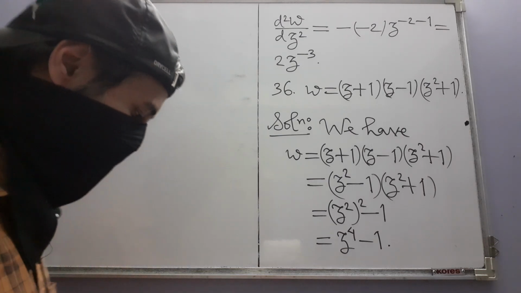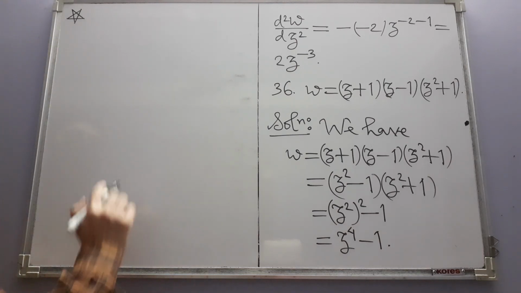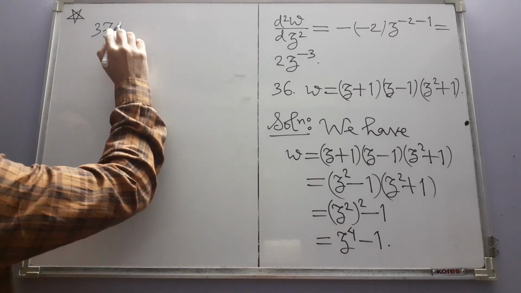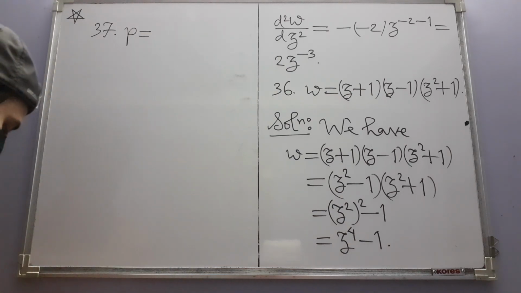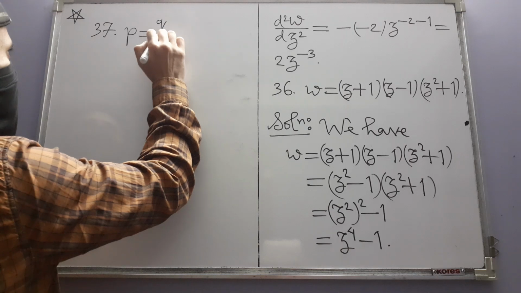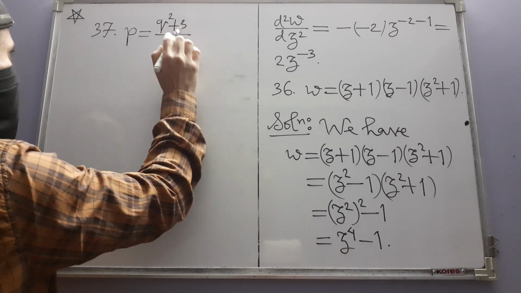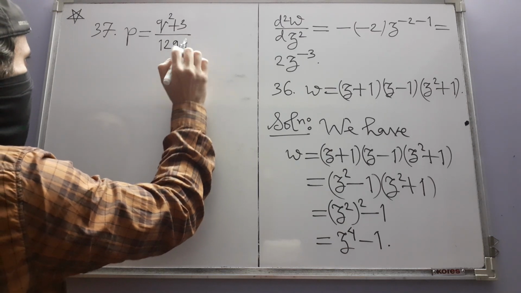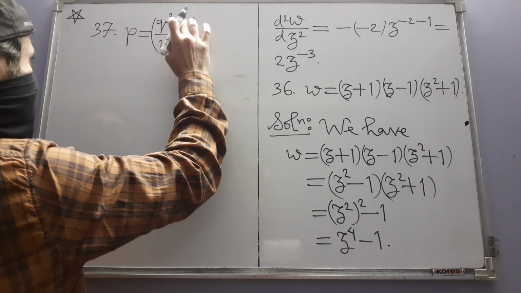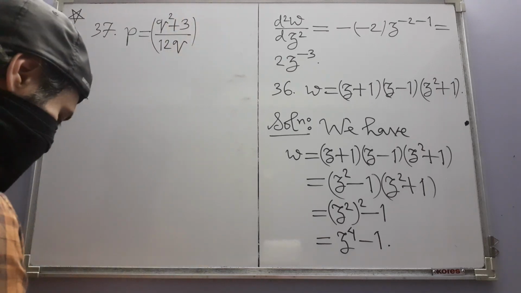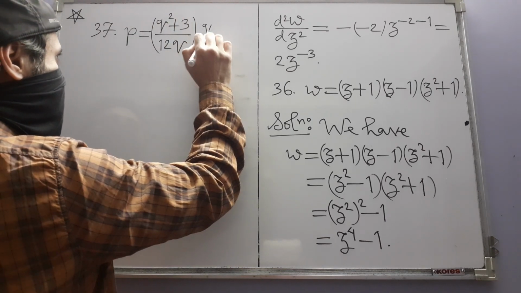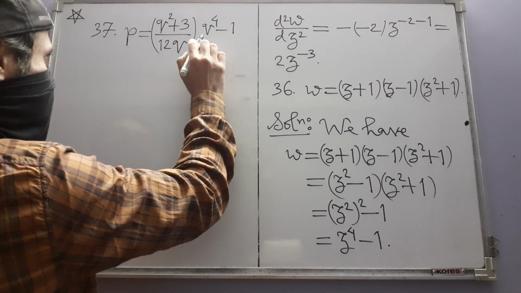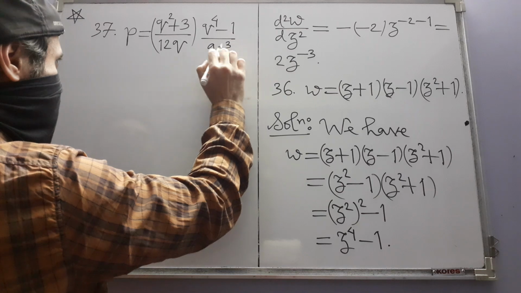Okay, then 37. P equal to q square plus 3 divided by 12q times q to the power 4 minus 1 divided by q cube.